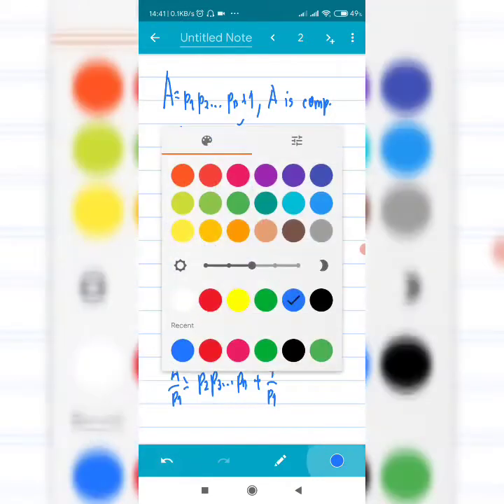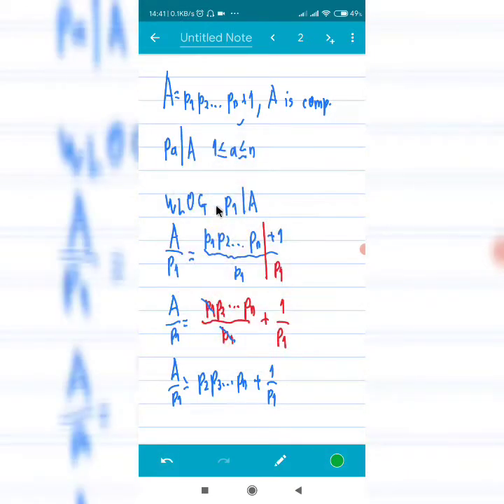And notice we have something interesting right here. We assumed that P1 divides A, and therefore this must be an integer, so I'll write Z as an integer. Of course this whole product is also an integer, because each prime is an integer, so you can take the product of all that and still have an integer.